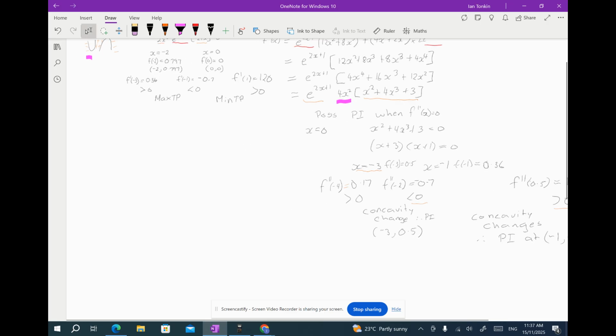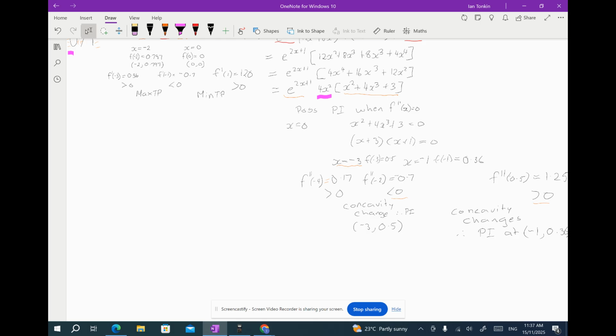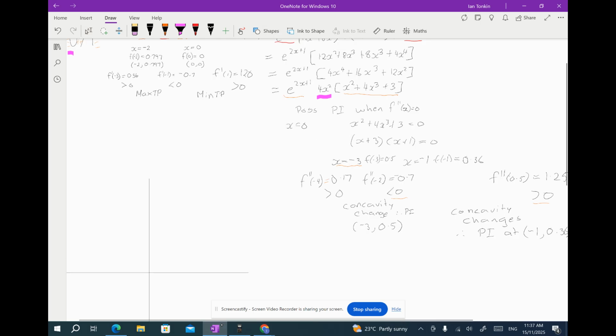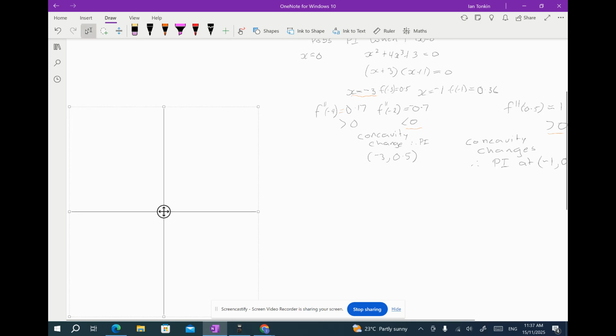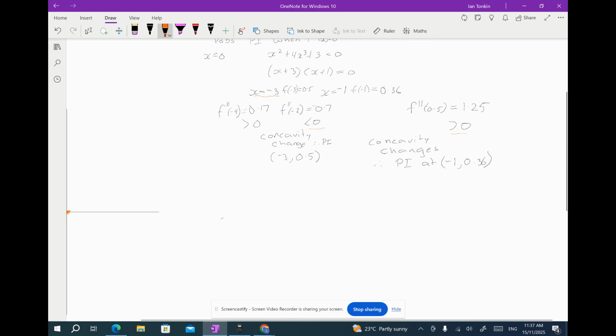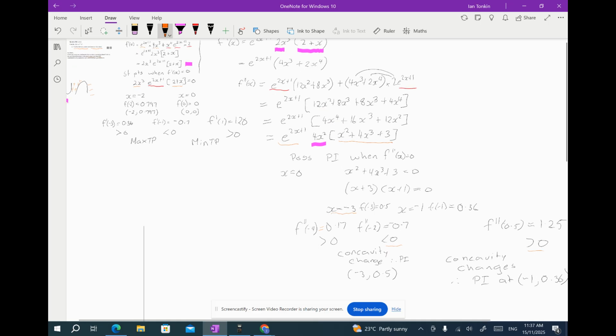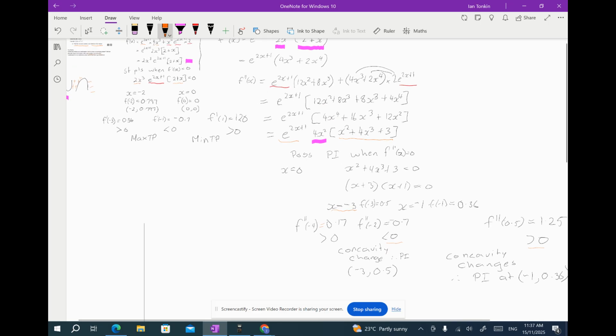So let's sketch it now. Get myself a number plane. And what are our points? Well, we've got 0, 0, haven't we? And we've got negative, what are my other points? -2 and 0.79.